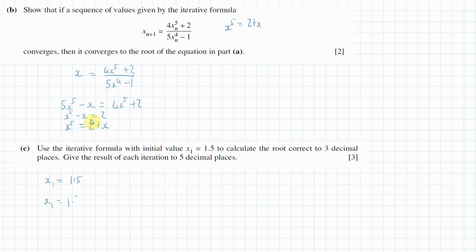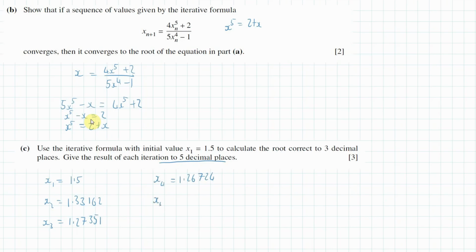And I get 1.33. Now make sure you give each iteration to 5 decimal places. So I've got 1.33162, and then you just press equals again to get your next one. So I've got x3 is equal to 1.27351. Then I go equals again. x4 equals 1.26724, equals again.